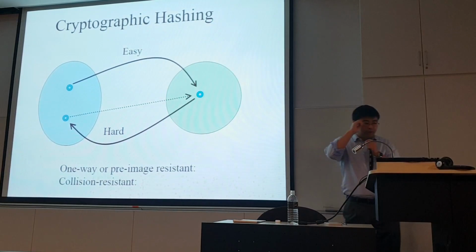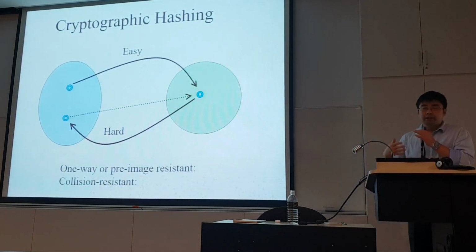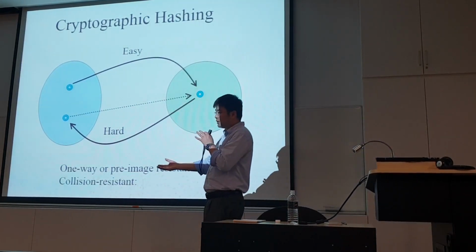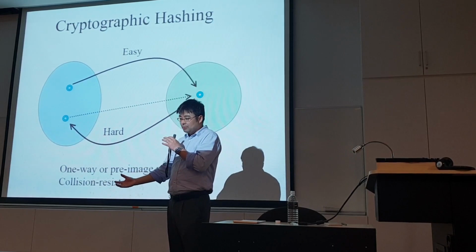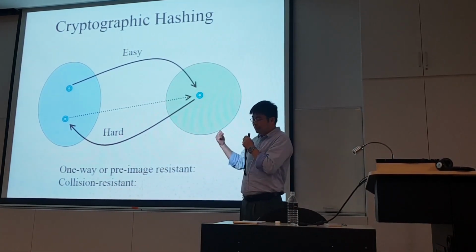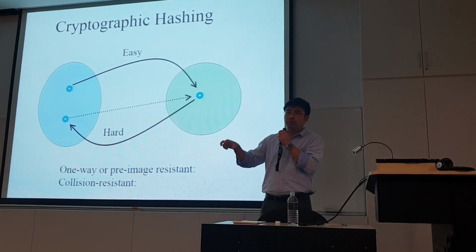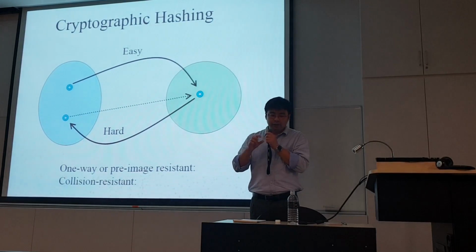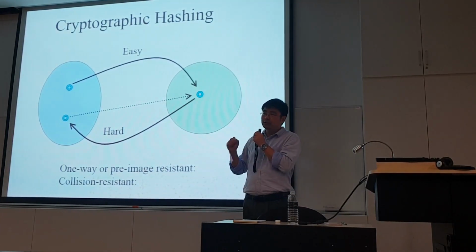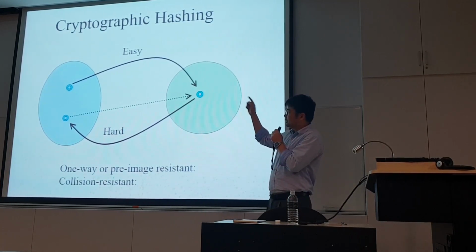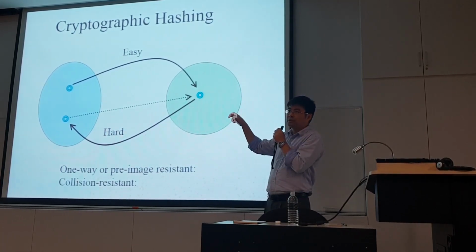This is better than storing the plain password, because if you store the plain password and the attacker breaks into the system and obtains the password table, the attacker directly gets the password. If we store the hash of the password, then even if the attacker obtains the hash value, the attacker cannot get the original password because it's difficult to find the pre-image, which is the original password.